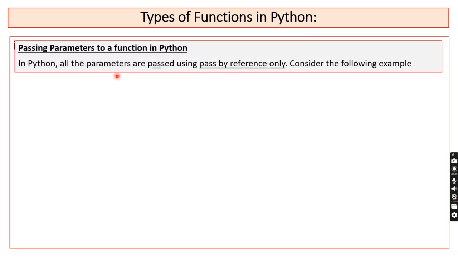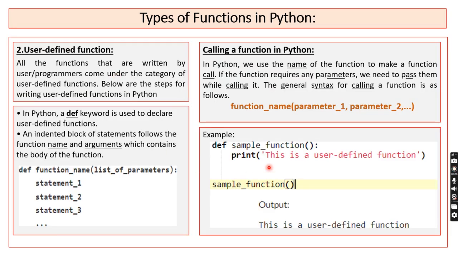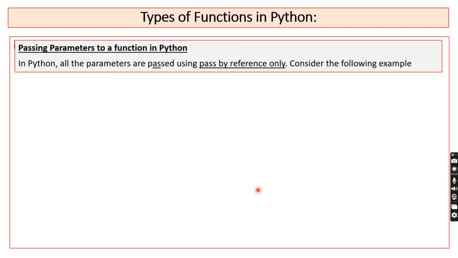Next is passing parameters. In the previous example, we did not pass any arguments or parameters. In this example, we are passing the parameters. In Python, all the parameters are passed using pass by reference only.